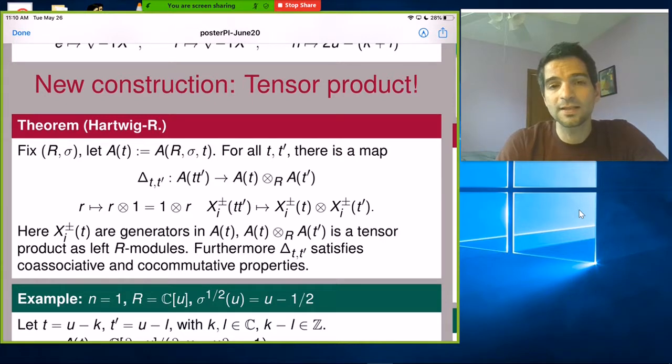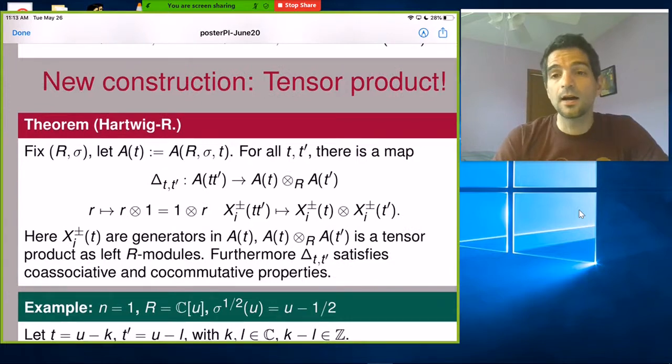And notice that this tensor product is not over the field K. This tensor product is over the base ring R. Okay, then using this map, if we have modules for two different TGWAs, we can take the tensor product over R of those two modules and then restrict along this map delta, and that gives us naturally a new module for a different TGWA.